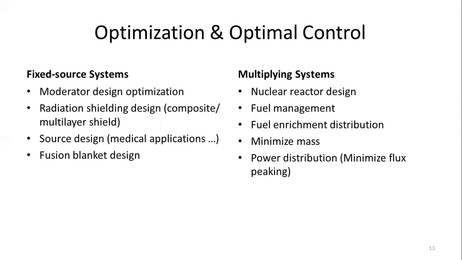There are two kinds of problems in nuclear systems, for example. There are fixed source systems and multiplying systems.